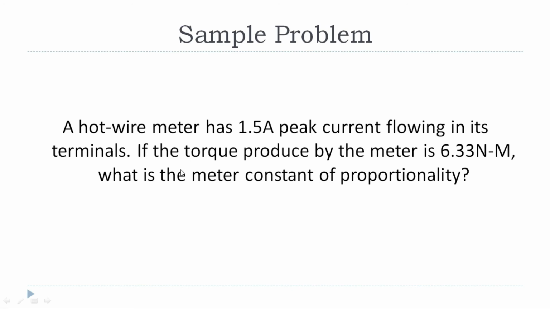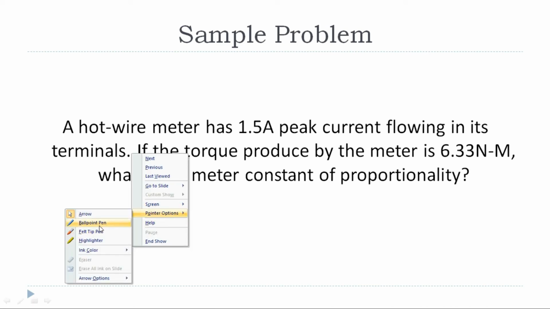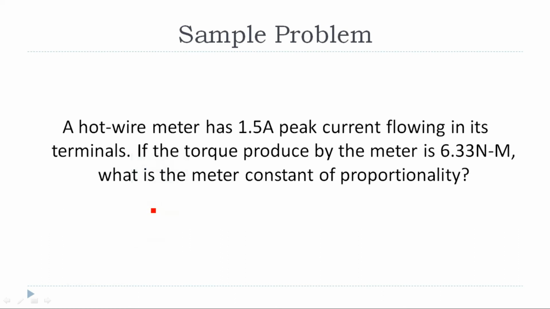If the torque produced by the meter is 6.33 Newton meter, what is the meter constant of proportionality, C, that we are looking for? Let's change color. Given is the current of 1.5 ampere, and the deflecting torque of 6.33 Newton meter. So, let's solve.